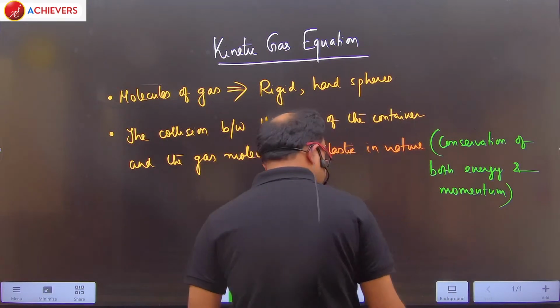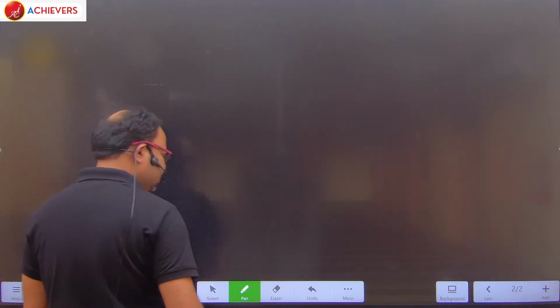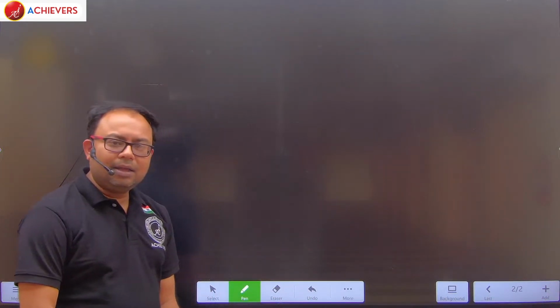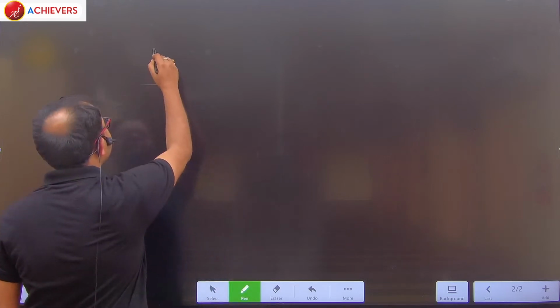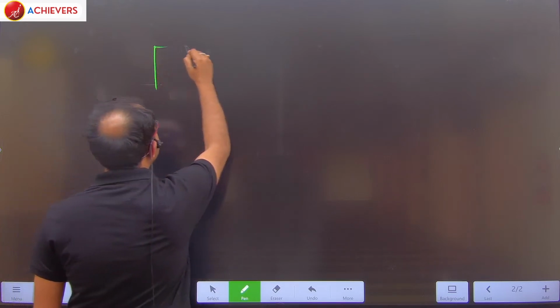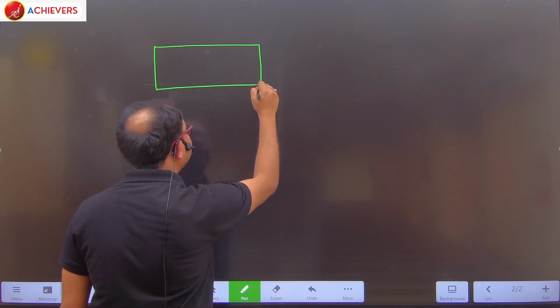Now, let us construct the shape of the container. Say we have a cuboidal container like this.